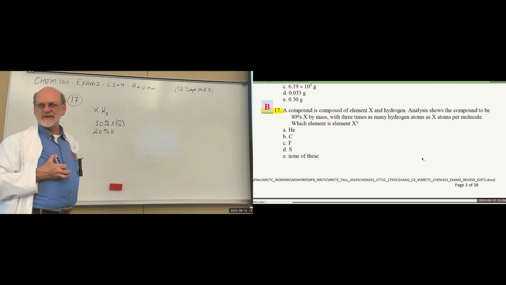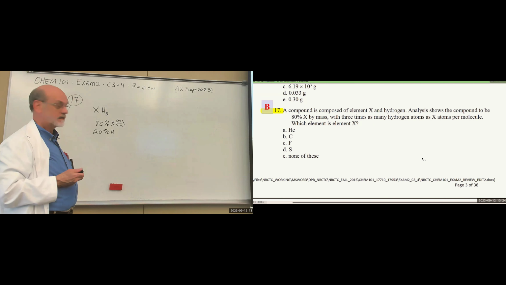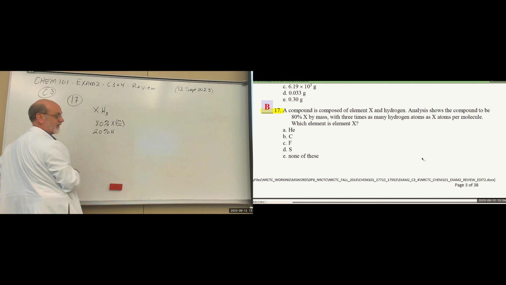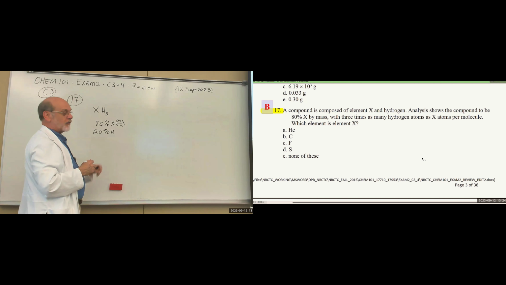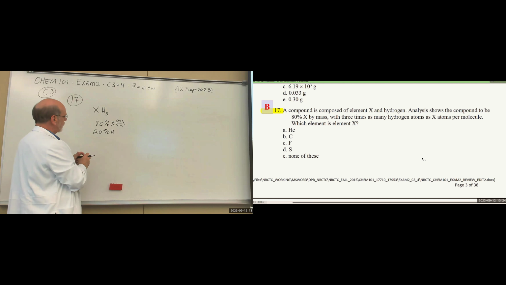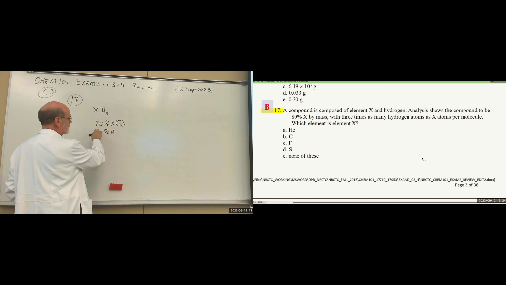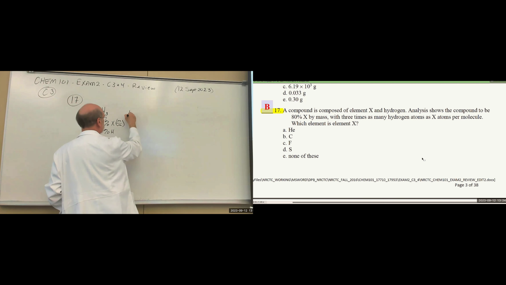We can't get at the number of protons, can we? I don't see any way to the protons. Maybe we can get to the molar mass. How about that? What if we have 1 mole of that compound? We have 1 mole of the compound, we have 1 mole of X. And let's see, if we have 100 grams of each one, right? Assume 100 grams.